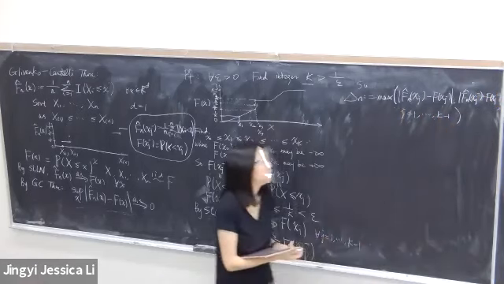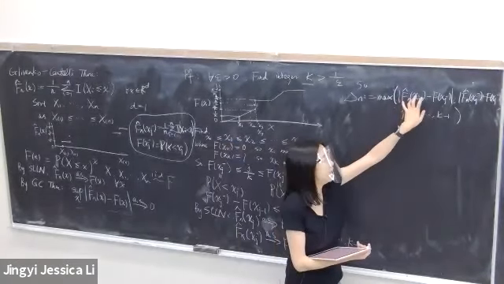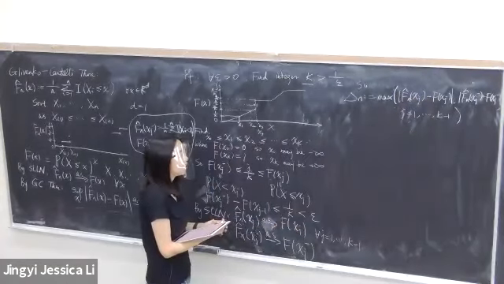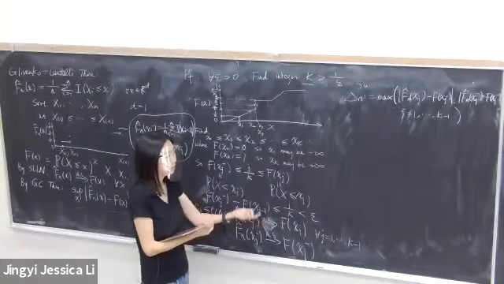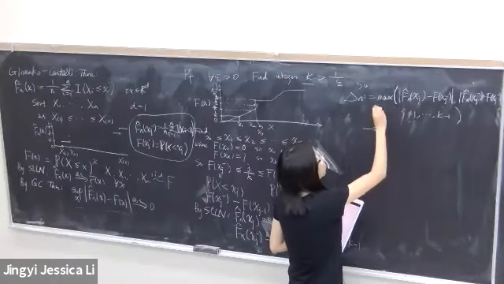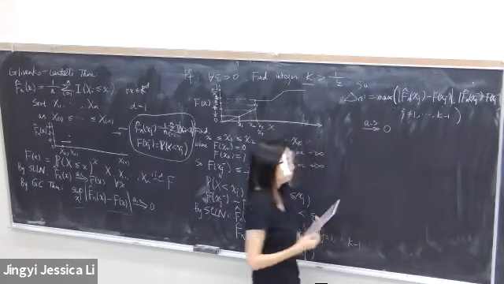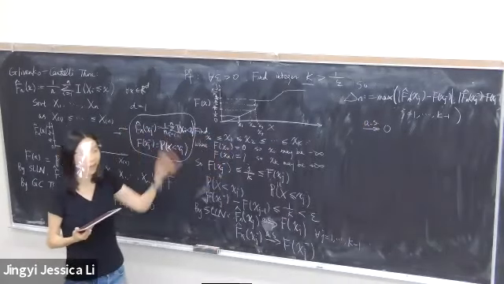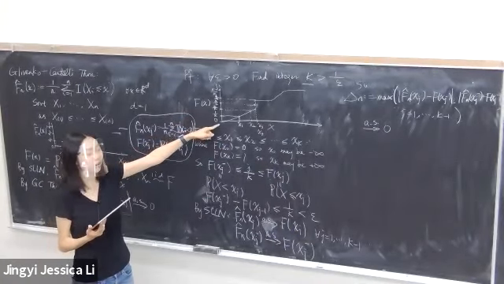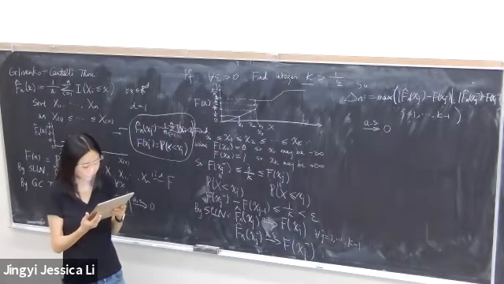So in this max, I have 2 times (k minus 1) absolute differences. Because every one of them is converging to 0 almost surely, together this converges to 0 almost surely, just because of this finite number. The reason we can do this is also because we are constrained between 0 and 1. That's why we can have a finite number of subintervals.